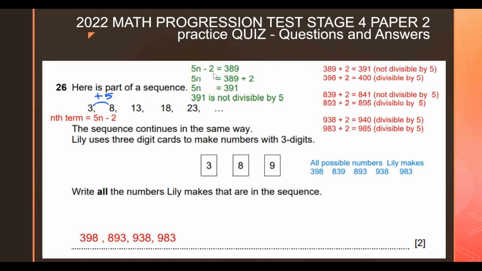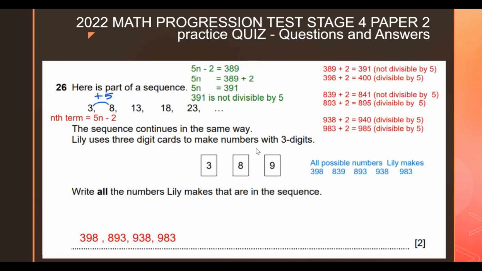So we add 2 to both sides, so this will be plus 2, 391. Now, 5n equals 391. 5n has to be a multiple of 5, so it has to end in 0 or 5. Because 391 is not divisible by 5, it means 389 will not be in the sequence.